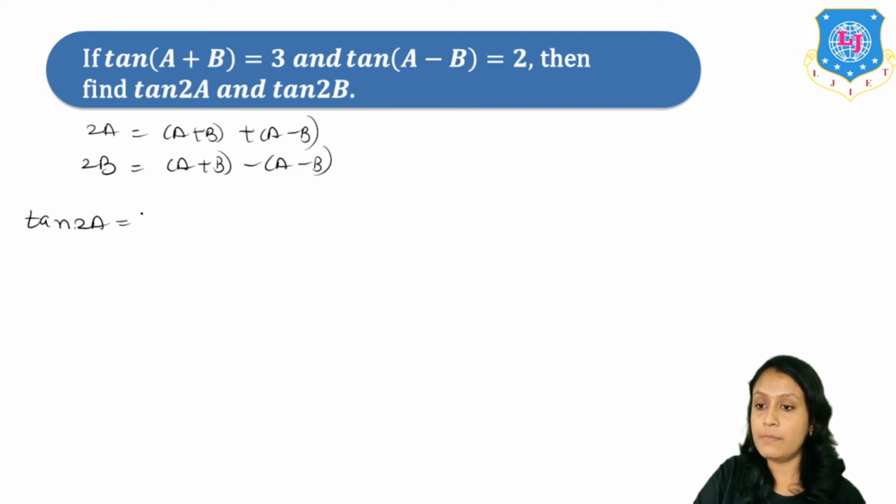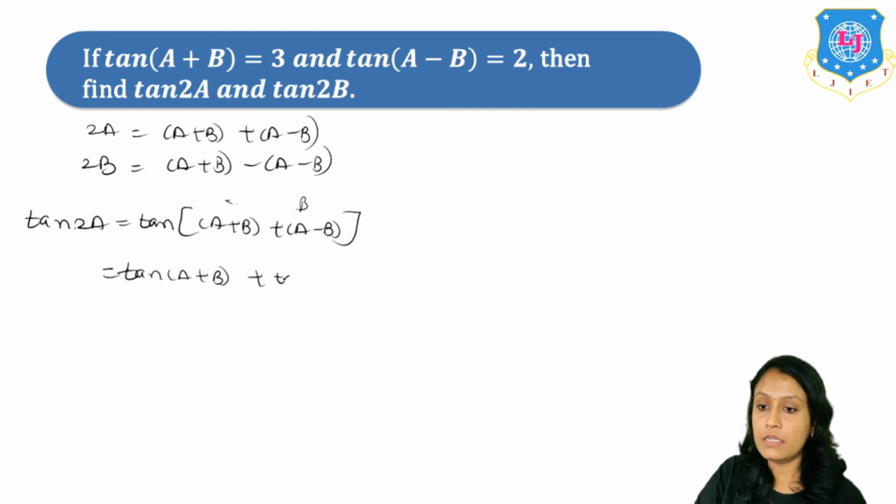So it will be tan of a plus b plus a minus b. Suppose this is your alpha and beta, so we'll apply the formula of tan alpha plus beta. You will get tan a plus b plus tan a minus b upon 1 minus tan a plus b into tan a minus b.